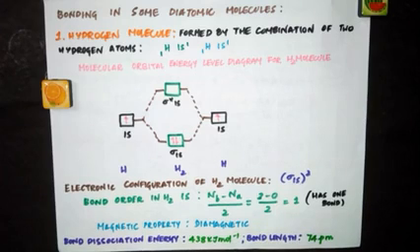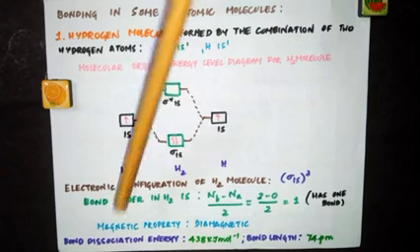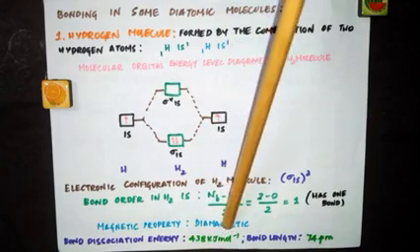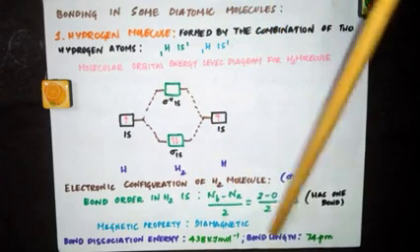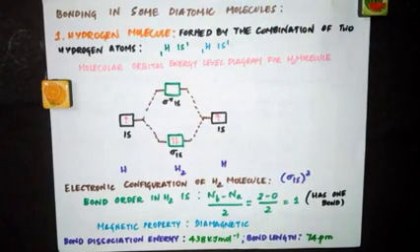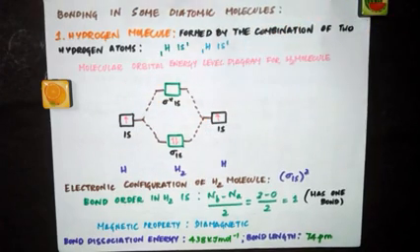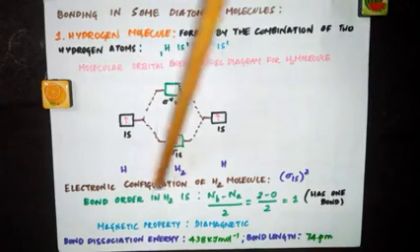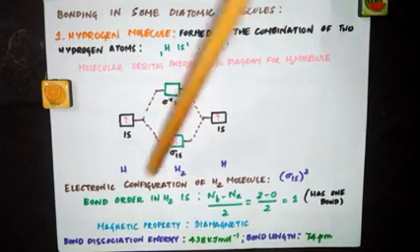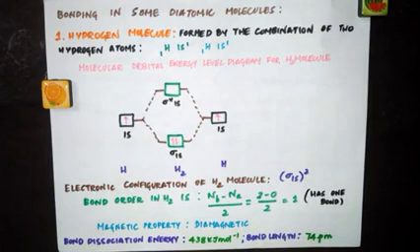And the bond dissociation energy of hydrogen molecule is found to be experimentally 438 kilojoule per mole, and the bond length is 74 picometer. So this is how we draw the molecular orbital energy level diagram for hydrogen molecule. So first you should find out how many electrons are there in the given molecule, and you have to write the electronic configuration for that molecule. Then you can calculate bond order and magnetic property based on that.